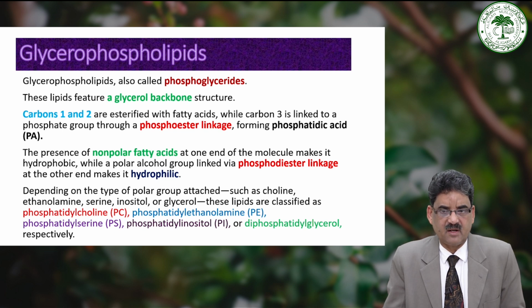Depending on the type of polar group attached, such as choline, ethanolamine, serine, inositol, or glycerol, these lipids are classified as phosphatidylcholine, in short denoted as PC, phosphatidylethanolamine, in short PE, phosphatidylserine, denoted as PS, phosphatidylinositol, denoted as PI, or diphosphatidylglycerol, respectively.